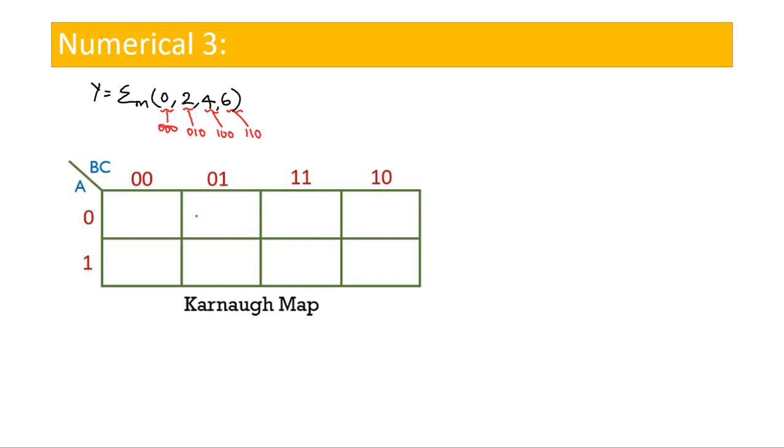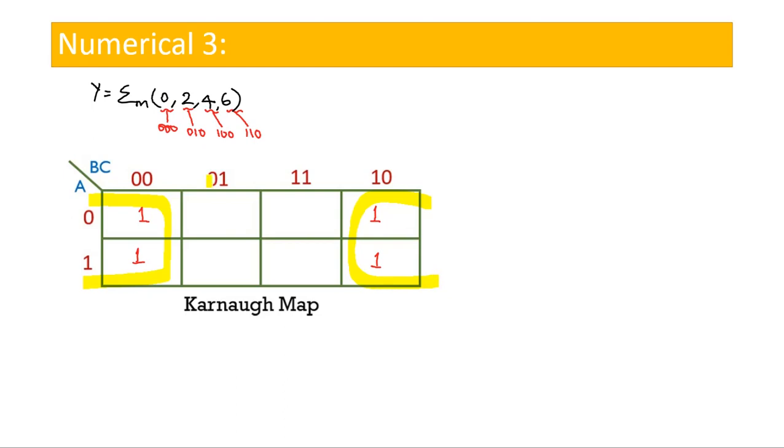So let me map. I have 1 here, 1 here and 1 here. Now when I group them, I can group this as a combination of 4 minterms.